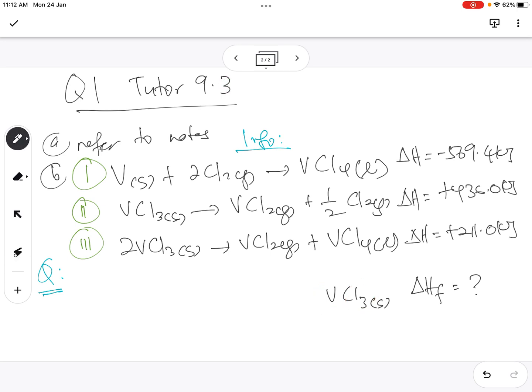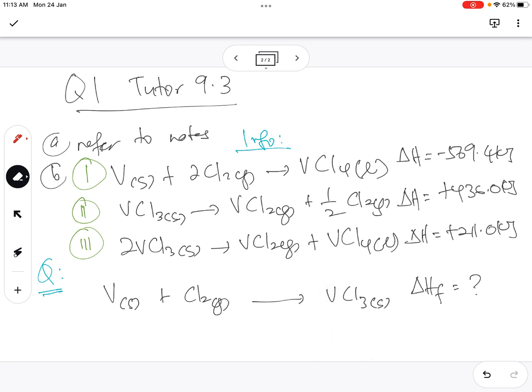The elements here are vanadium solid and chlorine gas. Okay. And please remember that kita dah belajar sebelum ini, for enthalpy of formation, the substance must be in 1 mole. Okay, remember substance itu mesti sentiasa 1 mole. So sini kita kekalkan 1 mole.